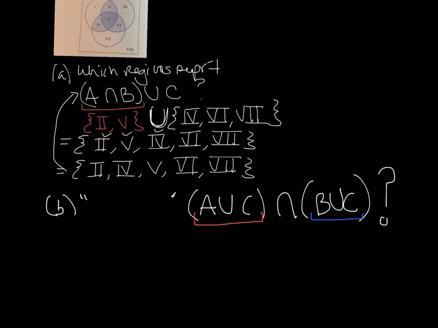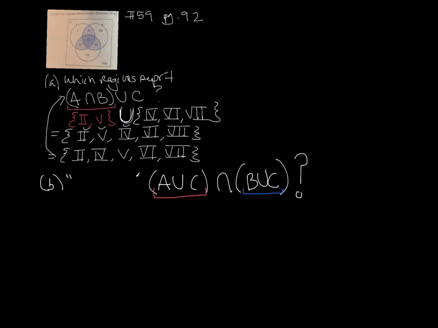Okay, so let's see, I just want to make sure I can fit this in. Let me write it in. So my A union C is going to be 1, 2. I'm writing set A first, so 1, 2, 4, 5.